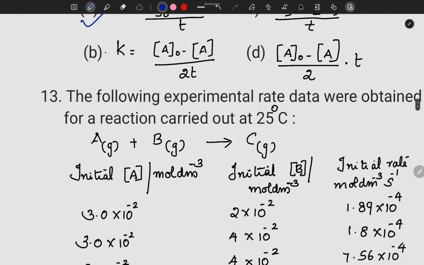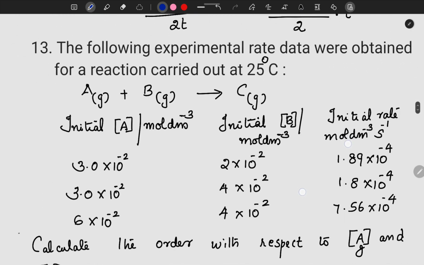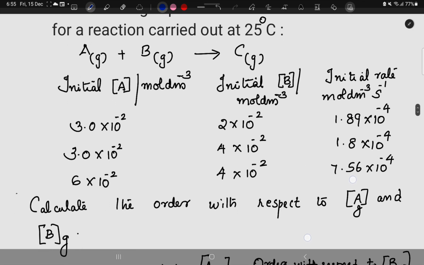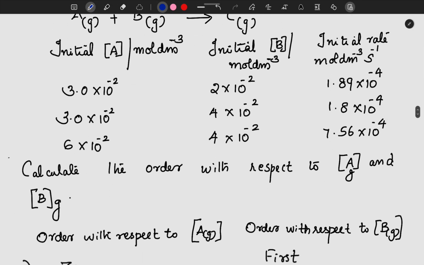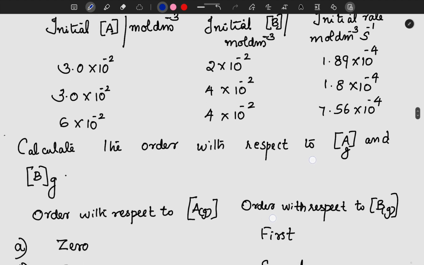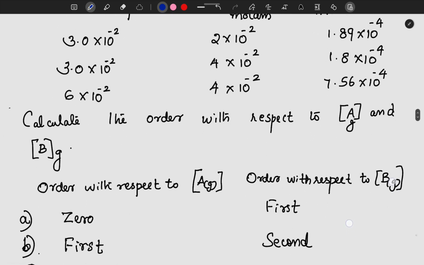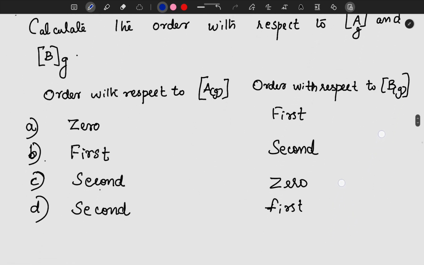The following experimental rate data were obtained for a reaction carried out at 25 degrees Celsius. The initial concentrations of A and B and the rate are also given. We have to calculate the order with respect to A and B. Here options are given.